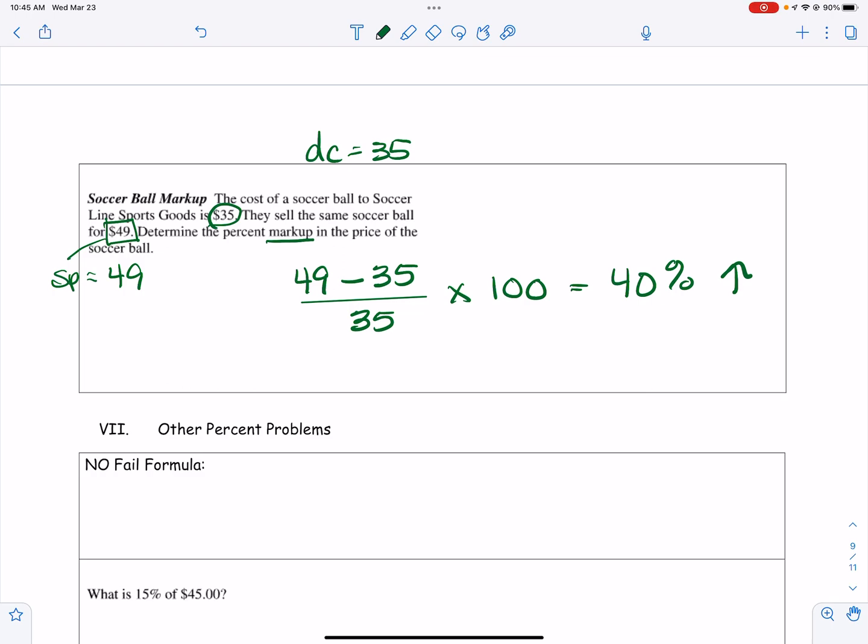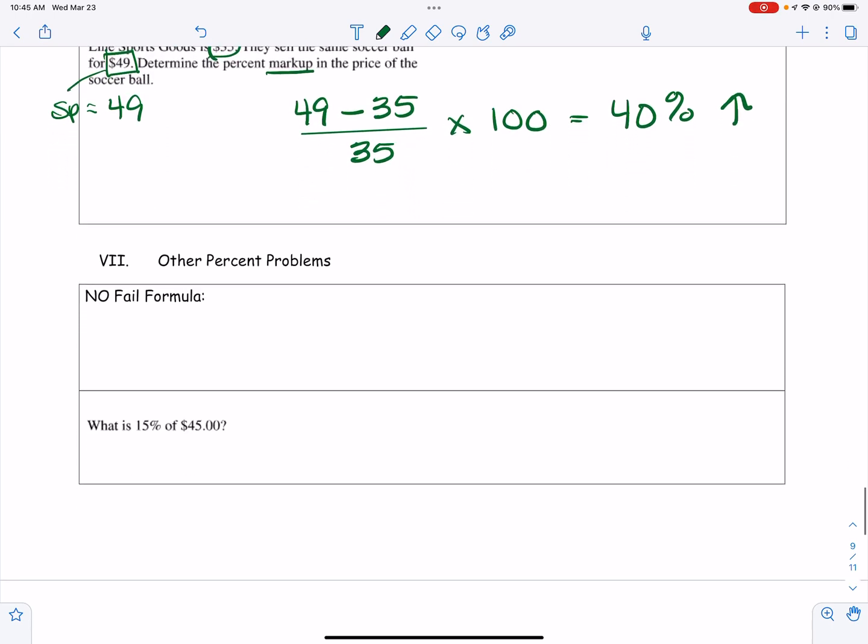Okay. All right. So now we're going to talk about other percent problems that you're going to come across in your MyMathLab. So I have a no-fail formula. So right here, we're going to set up a proportion, and it's going to always start as blank equals blank over 100.